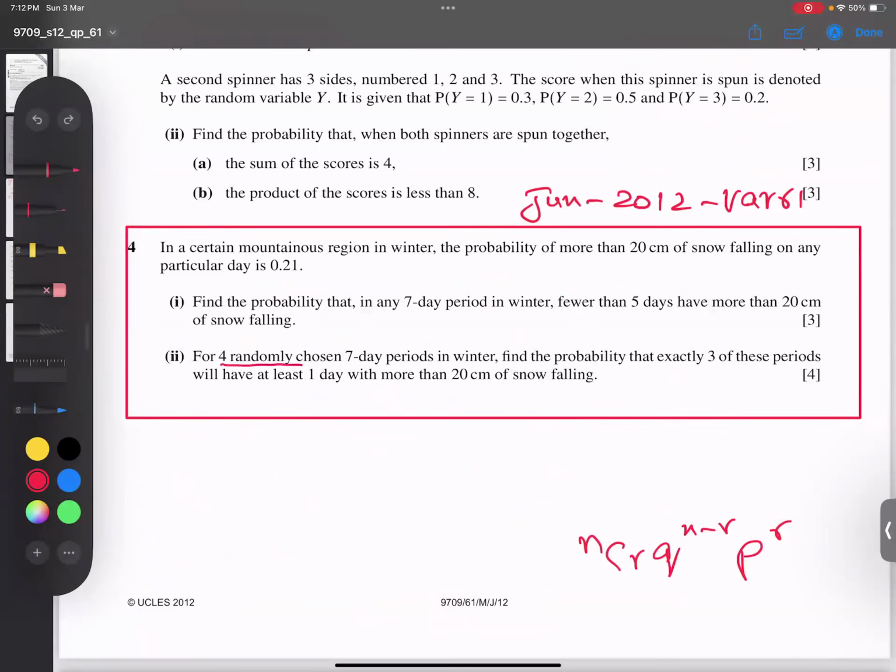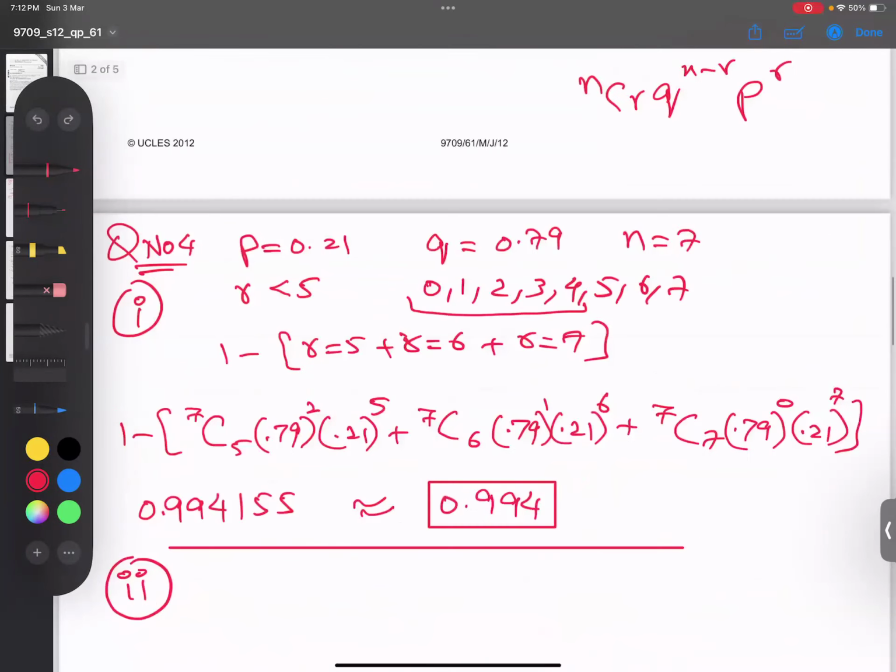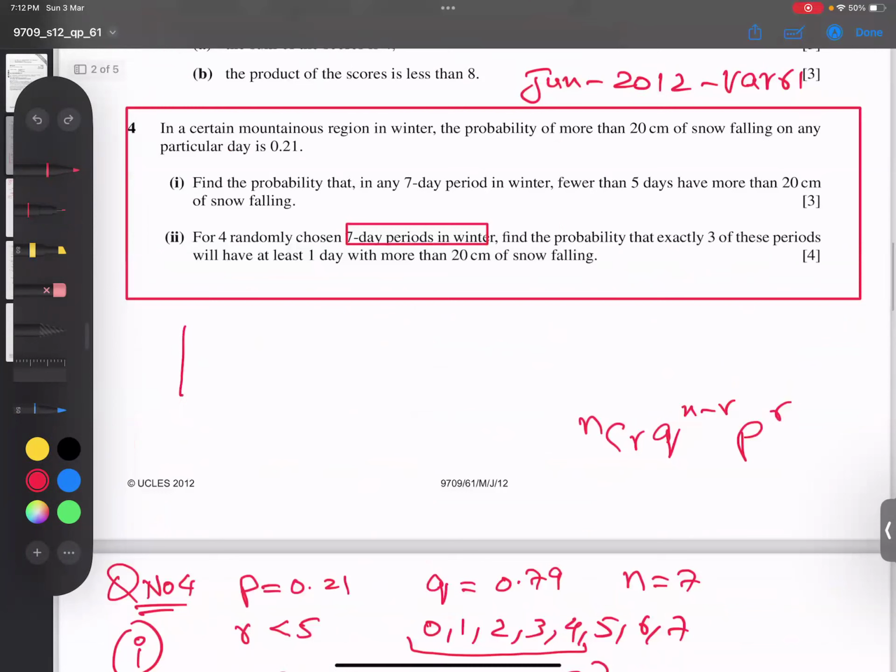four randomly chosen 7-day periods. A 7-day period is called one week, so he has taken 4 weeks. Look here, 7-day period, he has taken 4 at random. Let me tell you a short story: inside the 7, this is 1 week, so in a week there are 7 days: 1, 2, 3, 4, 5, 6, 7.